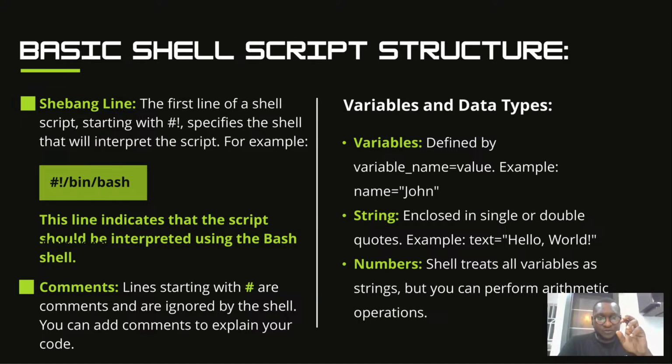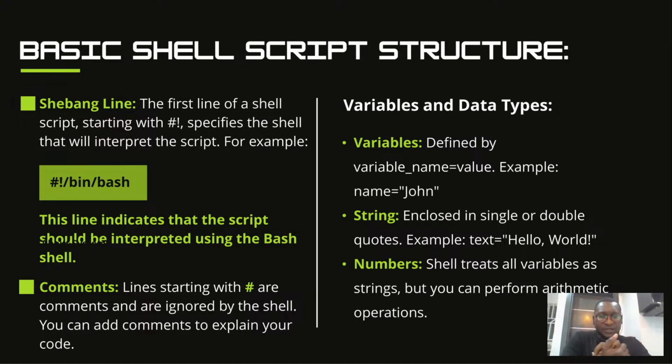If I say name equals ukeme in quotes, the name is the variable, and I'm assigning ukeme, a string, to that variable. You get? Strings are enclosed in single or double quotes.